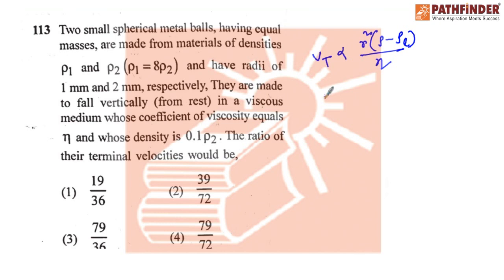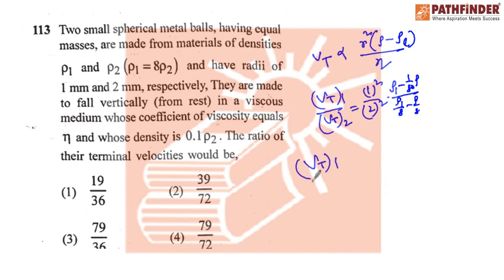Now the first case terminal velocity divided by the second case terminal velocity is equal to, by simply putting the values, 1 square by 2 square, the radius ratio, times rho 1 minus 1 by 80 rho 1 divided by rho 1 by 8 minus rho 1 by 80. If you do the calculation, you are getting terminal velocity of 1 by terminal velocity of 2 is equal to 79 by 36. So our option number 3 is the correct one.